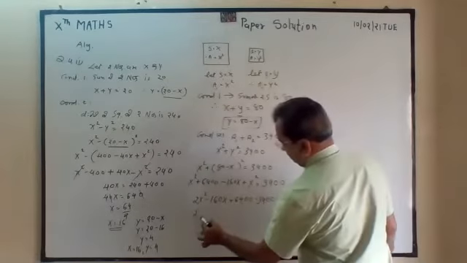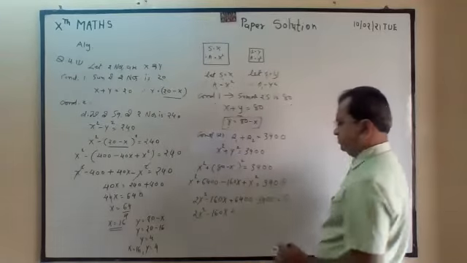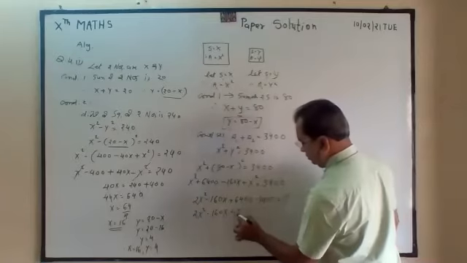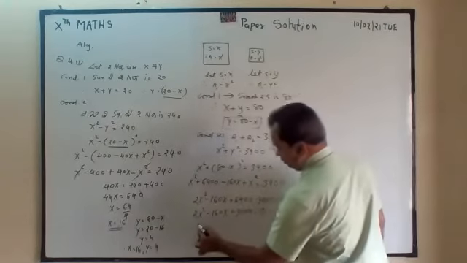Now 2x square minus 160x is equal to 6400 minus 3400, which is 3000. All divide by 2.